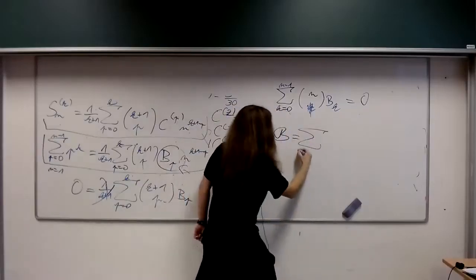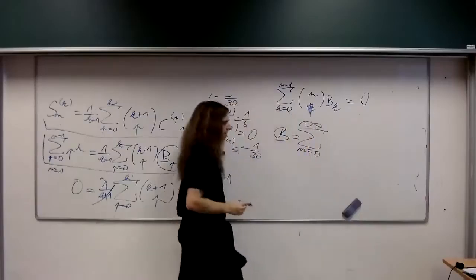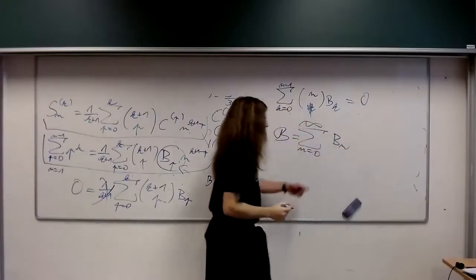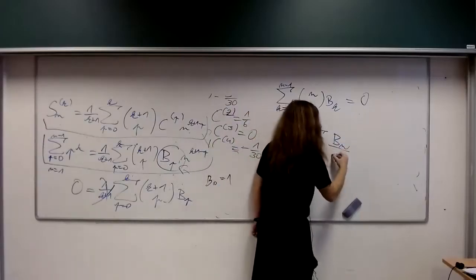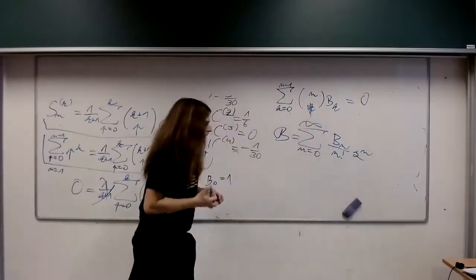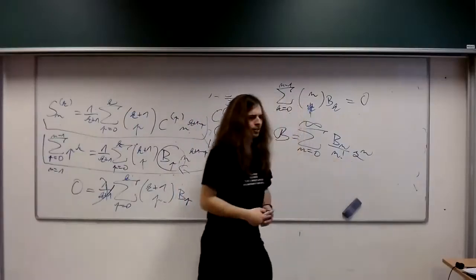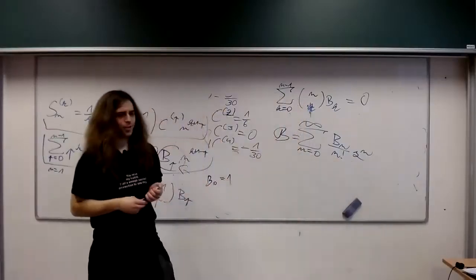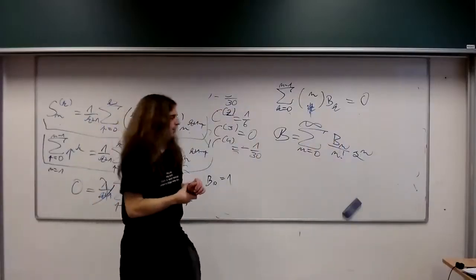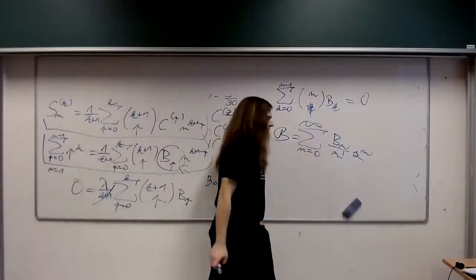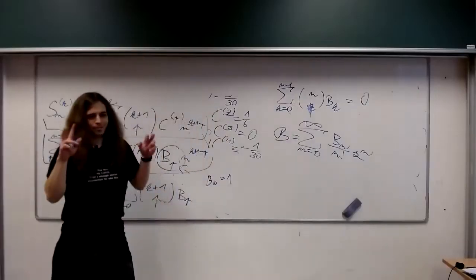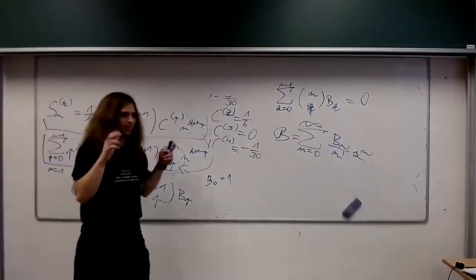We will sum from n to infinity, and here we will want the coefficient to be the nth Bernoulli number over n factorial times z to the nth. And now this z is nothing in particular. It's just a variable that helps to keep those coefficients apart, because we can tell them apart just by looking at the different powers of that z, but it has no real significance, no real meaning.